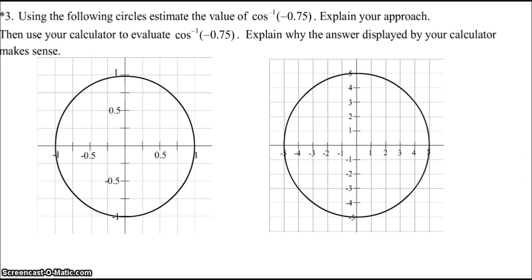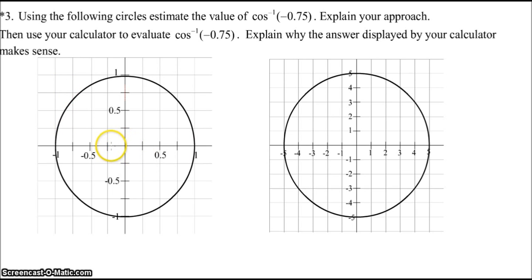Use the following circles to estimate the value of inverse cosine of negative 0.75. Explain your approach, then use your calculator to evaluate inverse cosine of negative 0.75. Okay, so cosine, we restrict the domain from 0 to pi.